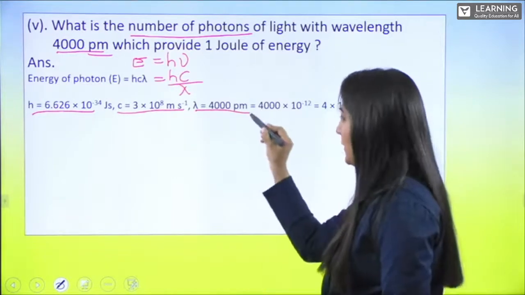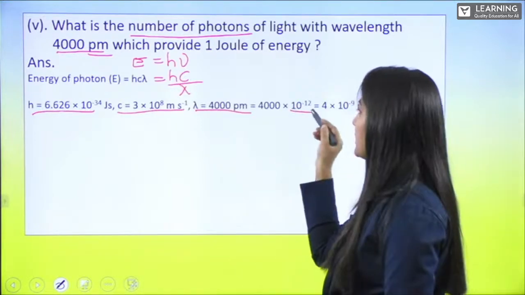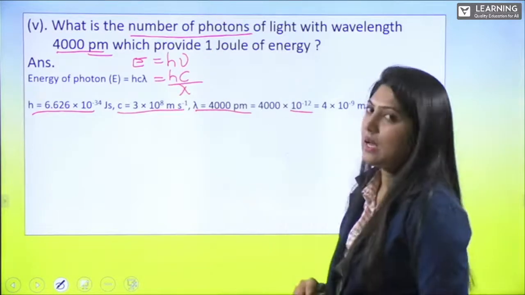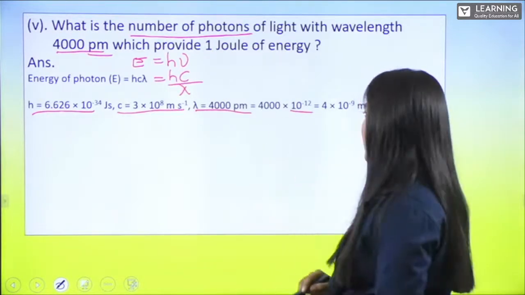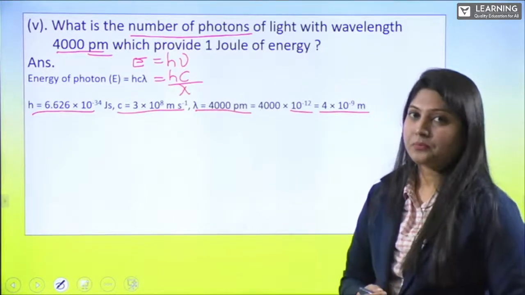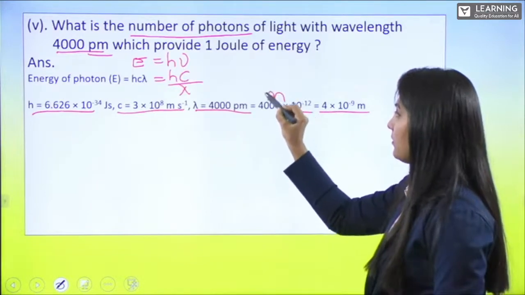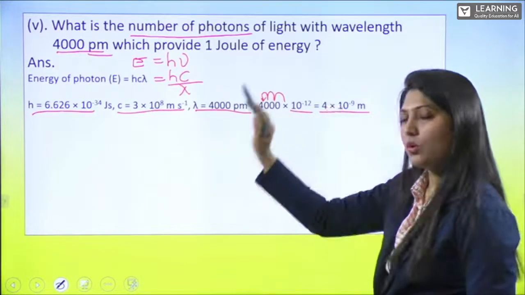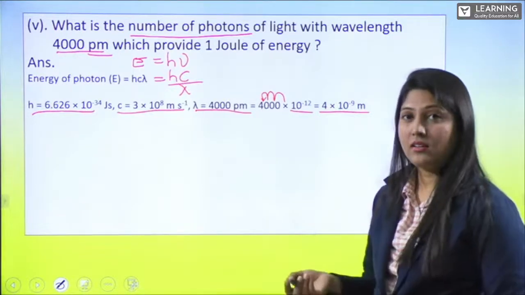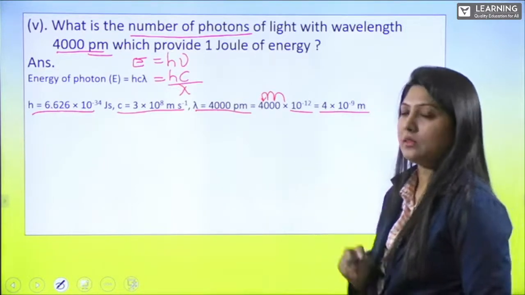Picometer is equal to 10 raised to minus 12. So 4000 into 10 raised to minus 12 meter is lambda, and you can convert that into nanometer. As we know, if you shift the decimal point 3 places, you get 4 into 10 raised to minus 9 meter, which is 4 nanometer.